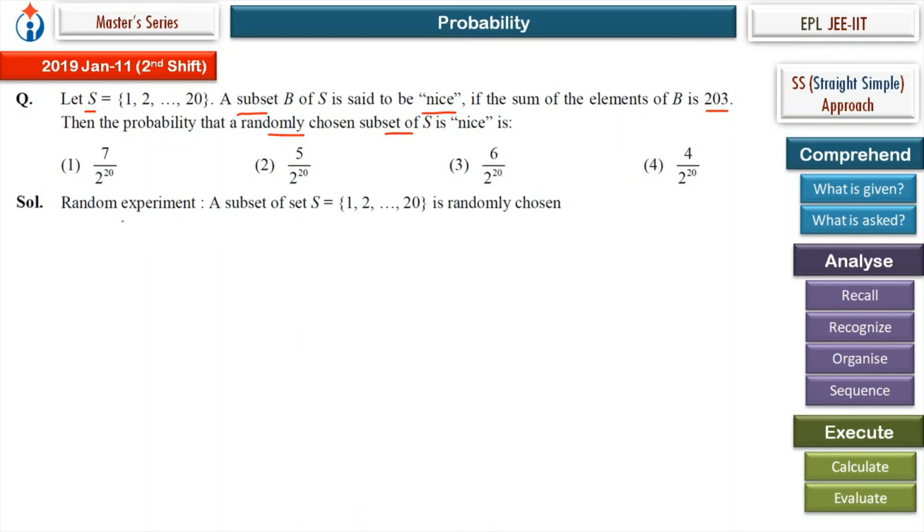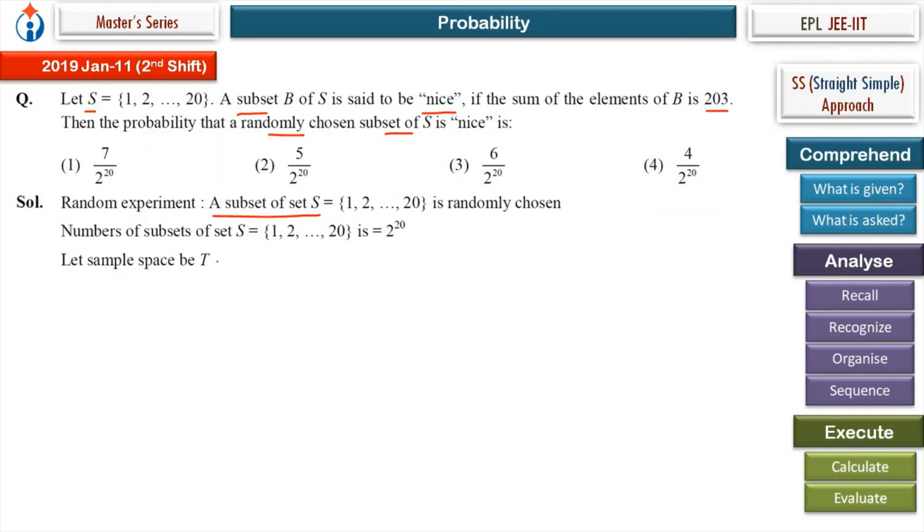So let's write it. So random experiment is a subset of set S is randomly chosen. So we recall the number of subsets of set S, if it contains n elements, is 2 to the power n. So in this we have 20 elements, so the answer is 2 to the power 20.